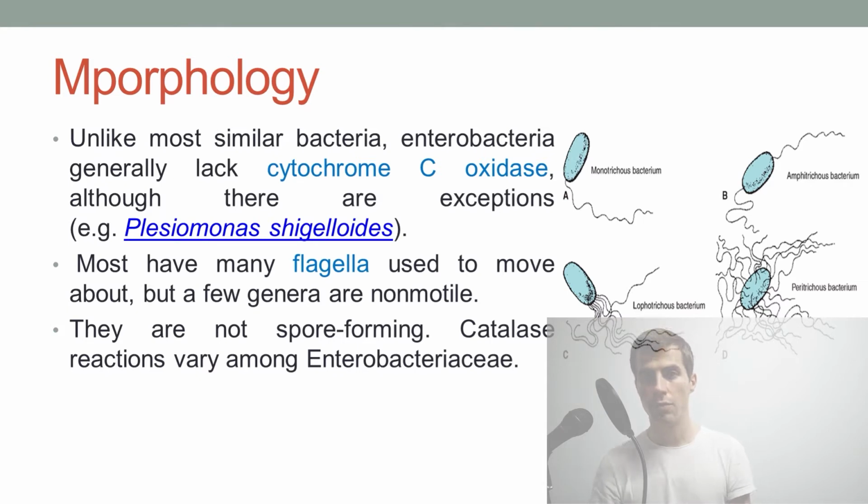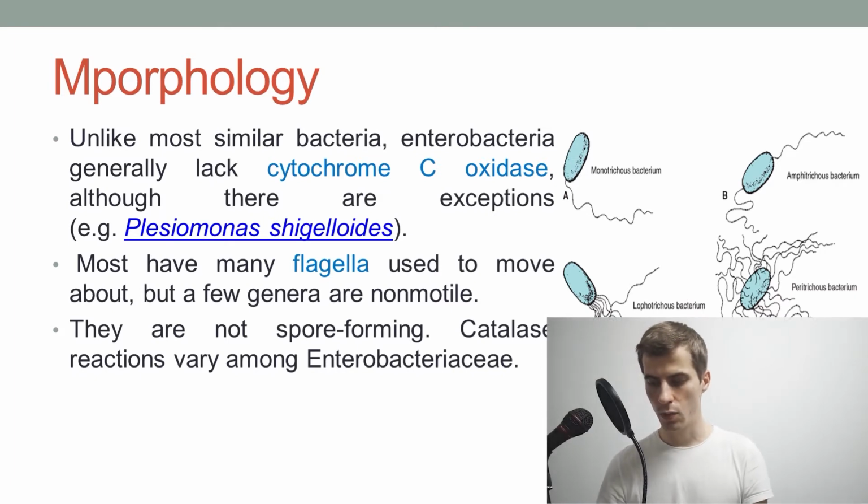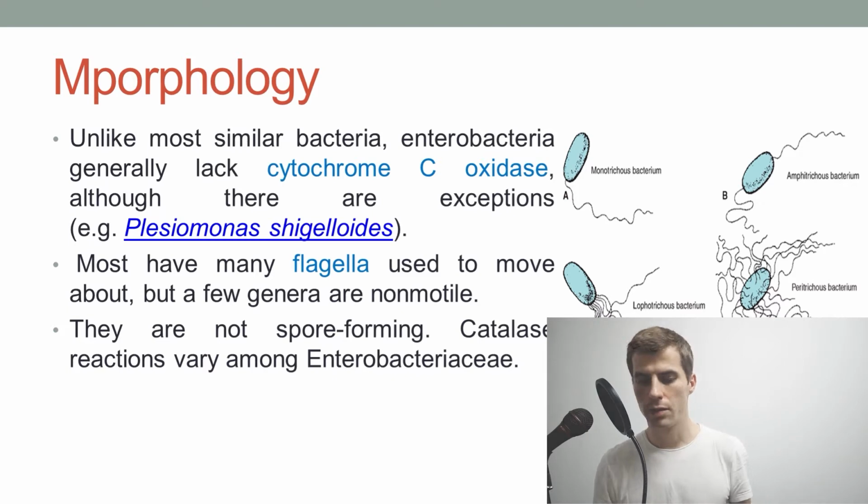The majority of Enterobacteriaceae have flagella. They are motile. You can remember we were talking about the properties of motility of different bacteria. Some of them could be monotrichous, amphitrichous, lophotrichous, and peritrichous. Here you can review the difference between these kinds of motility.